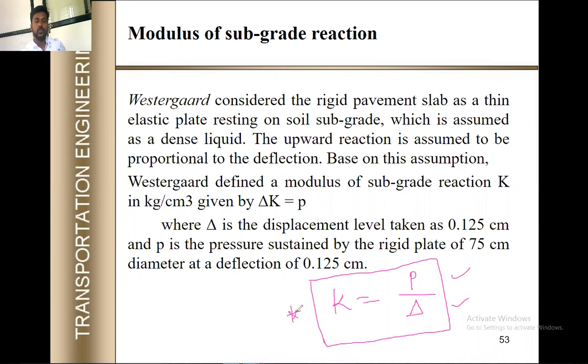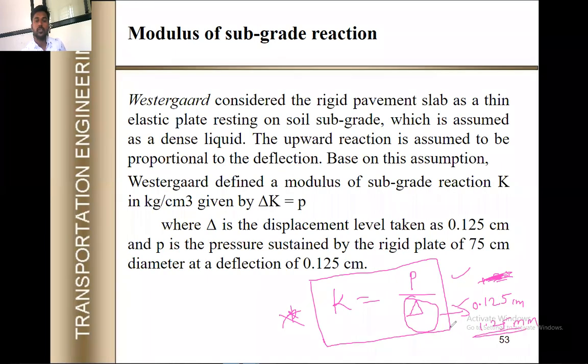This we have seen before as well. This displacement delta is taken as 0.125 centimeter, that is 1.25 mm.